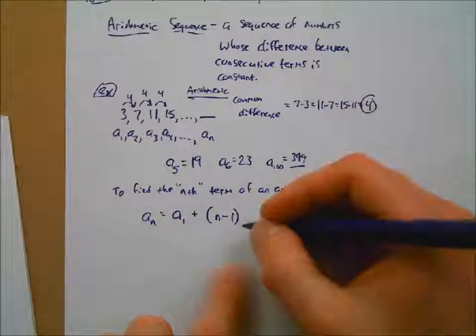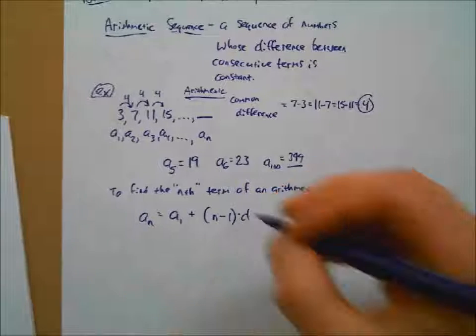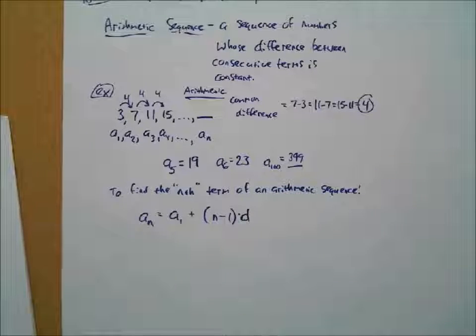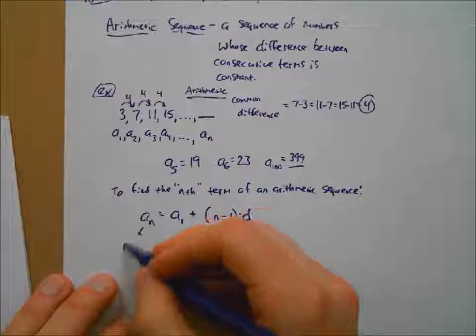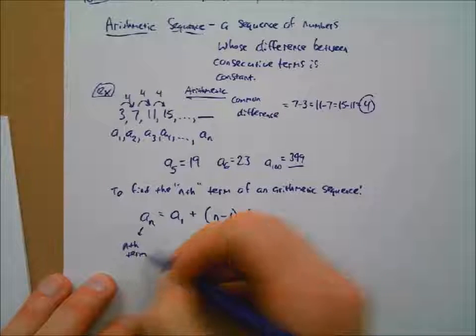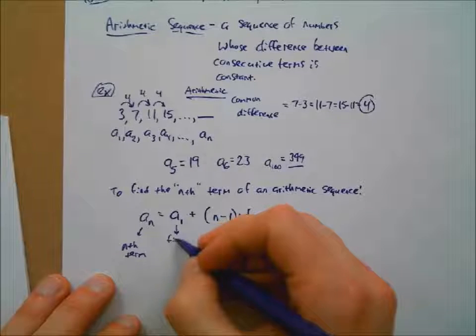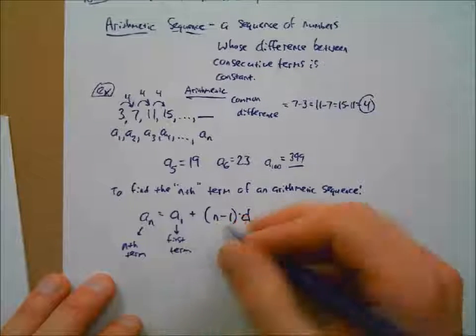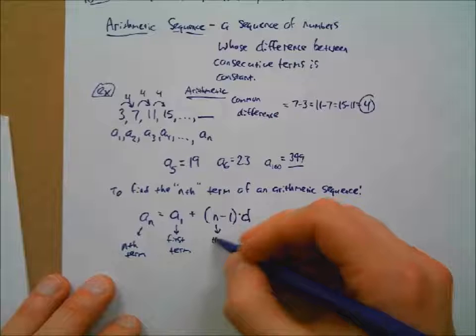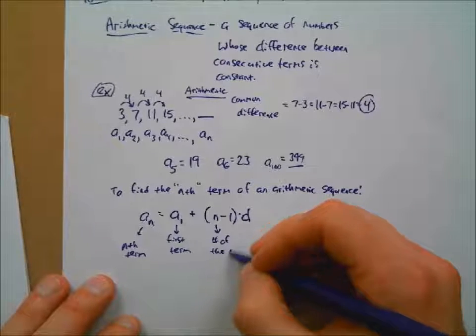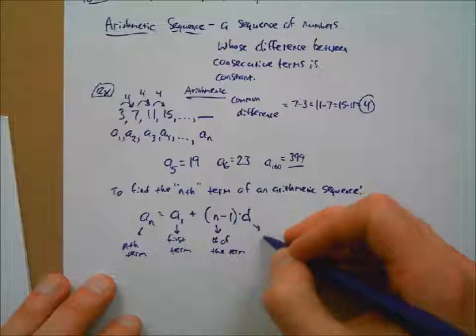And then times the common difference, d. Just like that. So, again, what do these mean? That's the nth term. That's the first term. This is the number of the term. And this is the common difference.